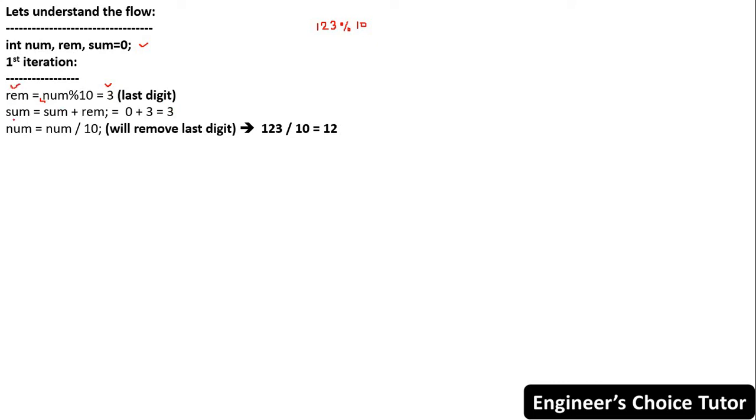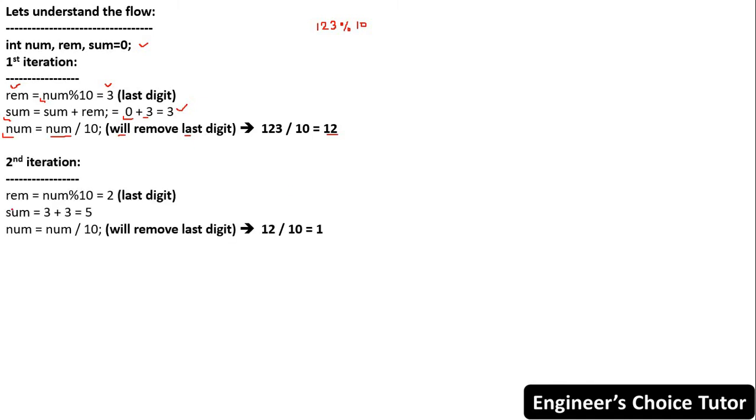Now the next step is sum is equal to sum plus rem. It means 0 plus 3. You got 3 as sum. Now what are you doing here? Num divided by 10. It will remove the last digit. So your new number will become what? 12.